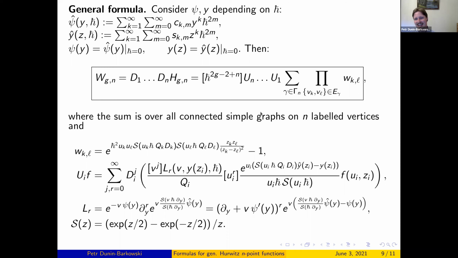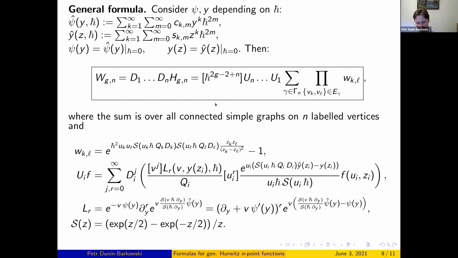But if you have topological recursion for maps, which is known to exist, then it implies that there is a duality.